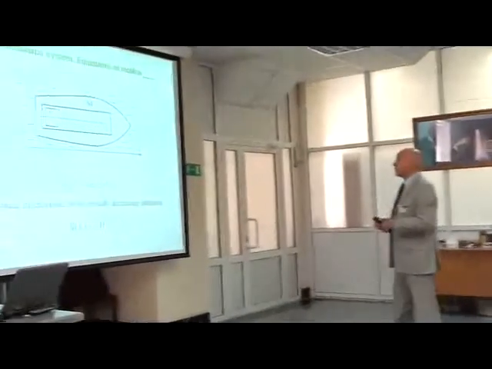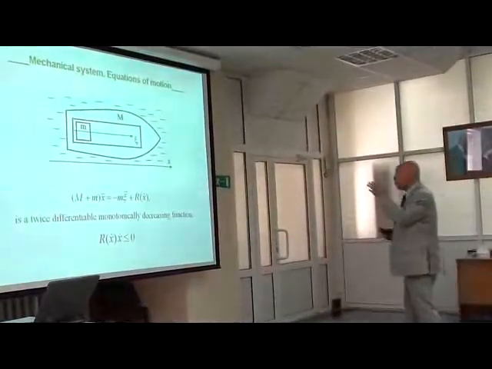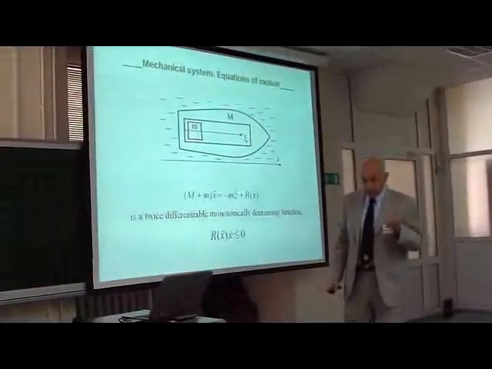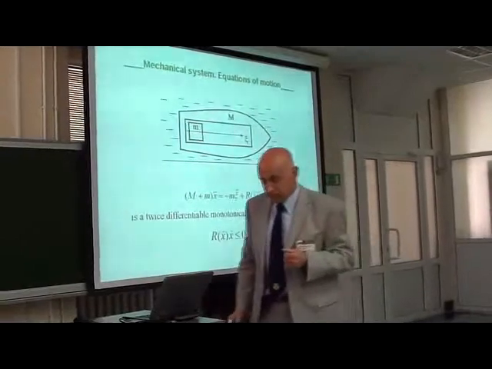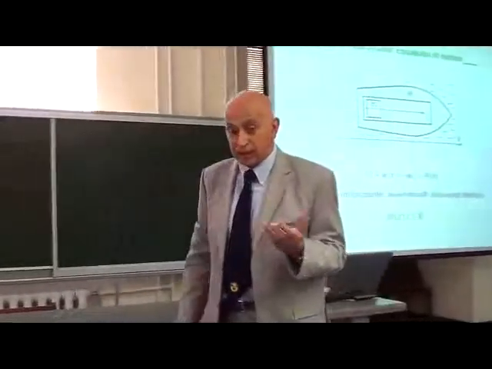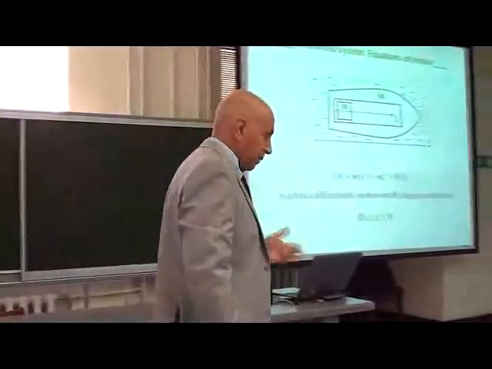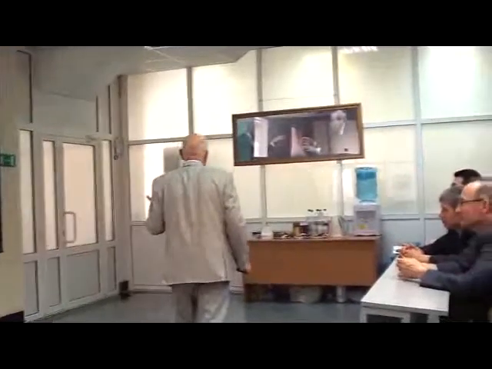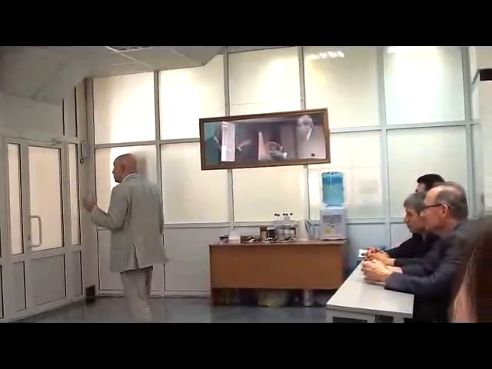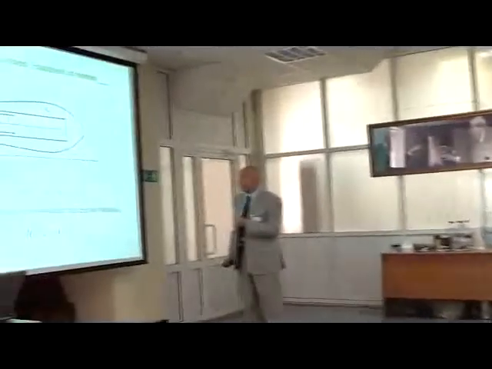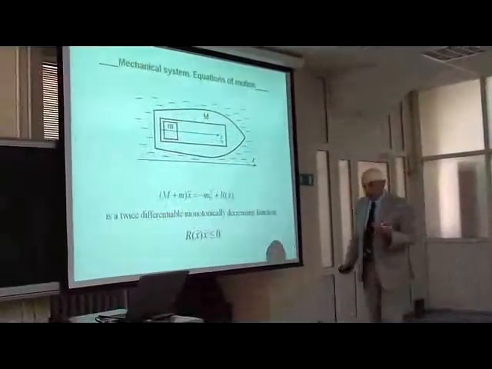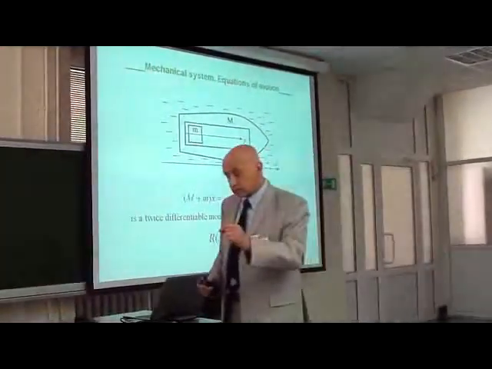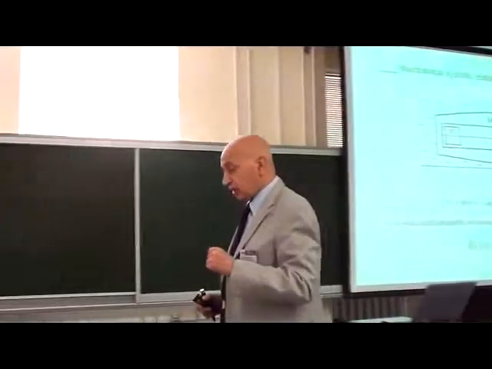Another mechanical system is a body with internal mass. And if the first system has a biomechanical analog, as we speak about fish and frogs and so on, here we have no exact biomechanical analog, because here we assume that this mass moves inside the body.